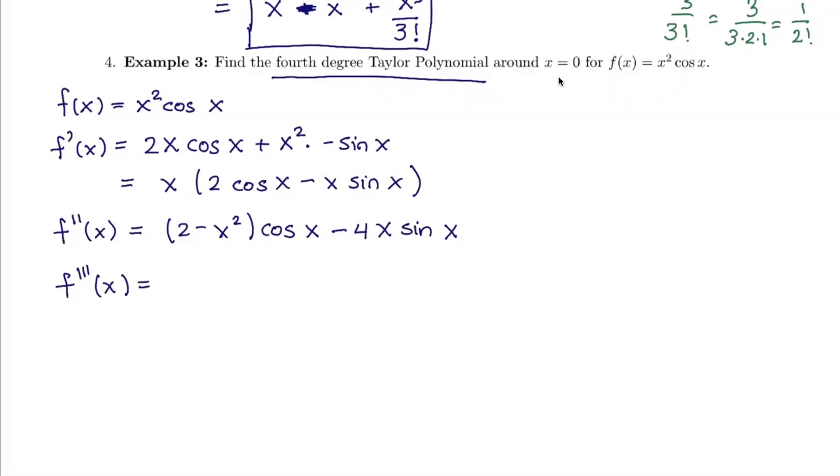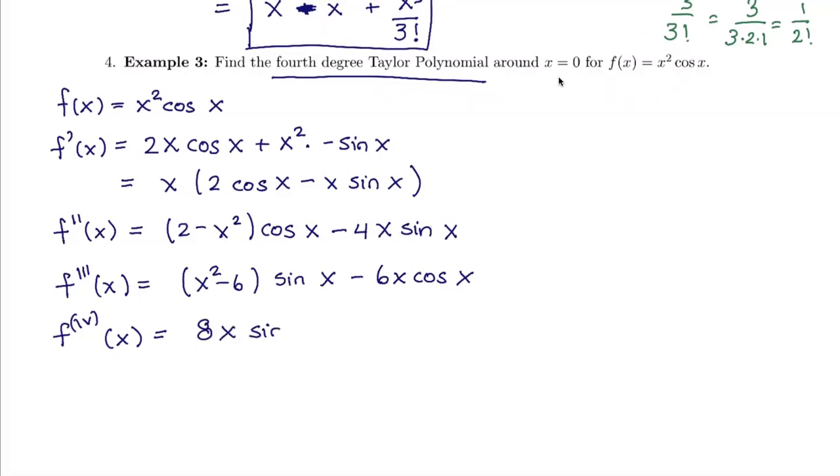F triple prime will be x squared minus 6 times the sine of x minus 6x, the cosine of x. And the fourth derivative will equal 8x, the sine of x, plus x squared minus 12 times the cosine of x.